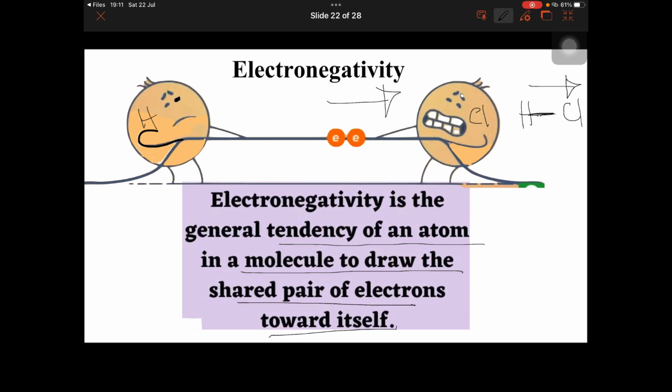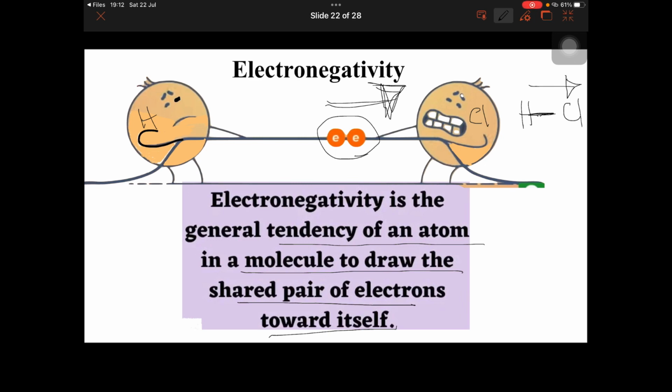So let's just think about you and your friend. Suppose your friend has a higher preference for biscuits. Say both of you are given 2 biscuits to share between each other. But your friend, who has a more craving for the 2 biscuits, tends to draw both the biscuits towards himself, or to take both the biscuits for him to consume.